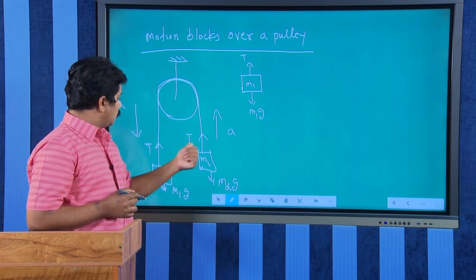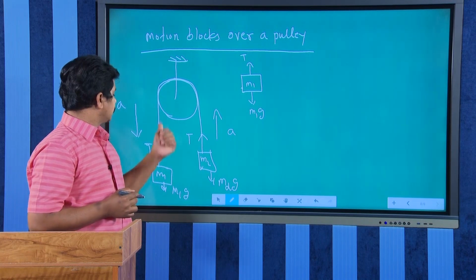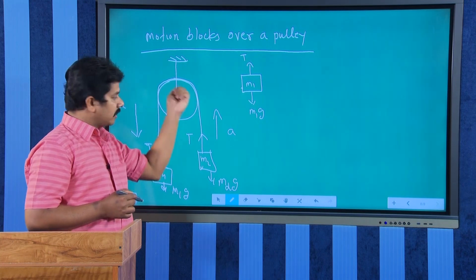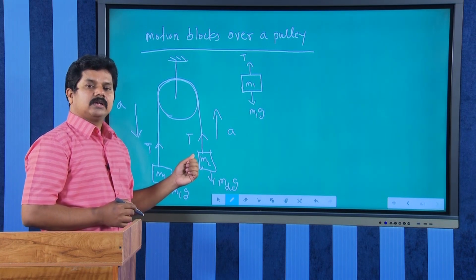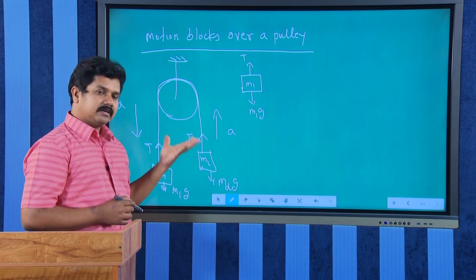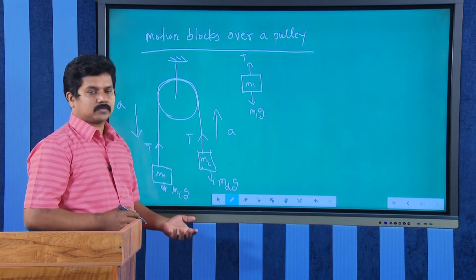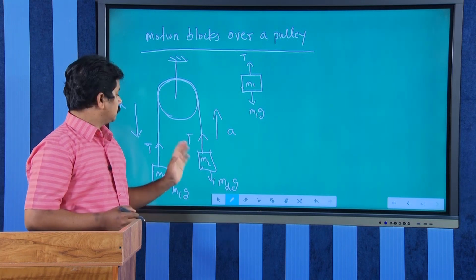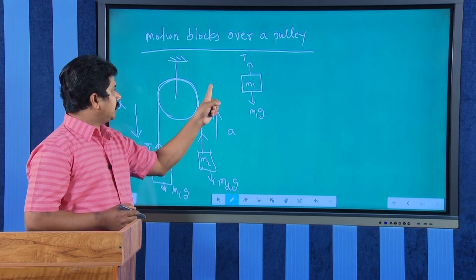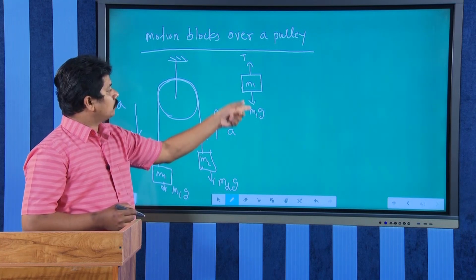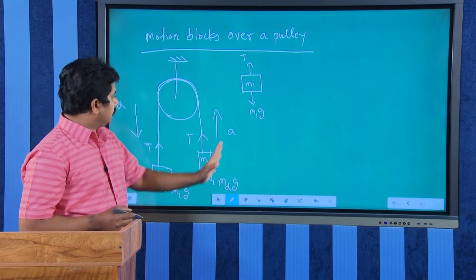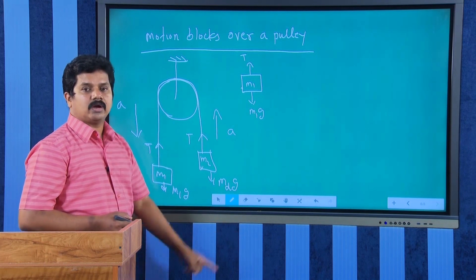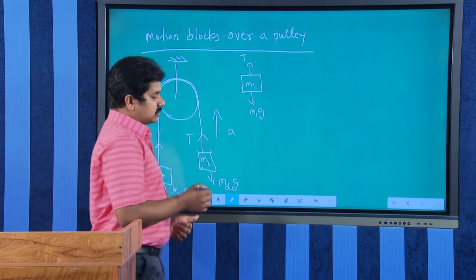These two T's are equal, tension acting on the string. This is a single string. When a single string is moving over a pulley, if the pulley is ideal, then the tension will be the same. So, tension acting on M1 and M2 are equal, it will be T and this also T. Now, what is happening here? The block M1 is moving down. So, what is the force equation?